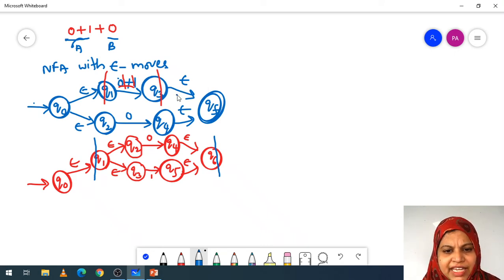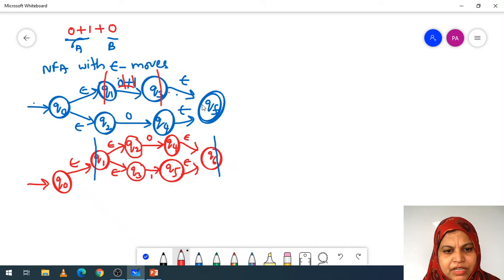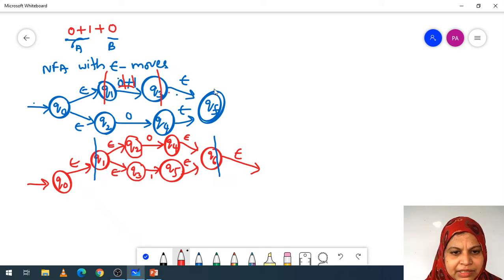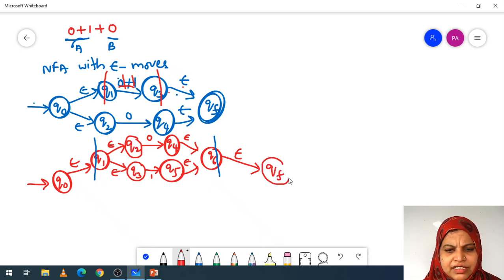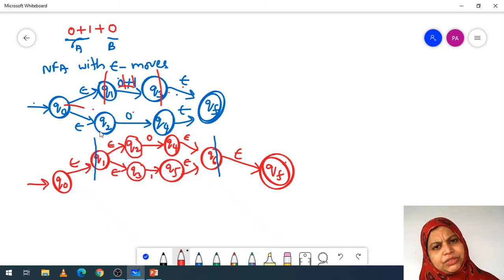Here, followed by the same epsilon. Epsilon is already present here, and QF, the final state, you can write here. Remaining, here 0 is there, a single input, so no need to split that one, directly we can write this.